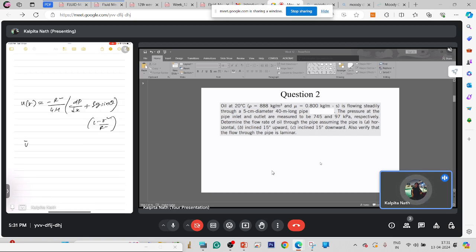Now the average velocity. I think you've understood, right?